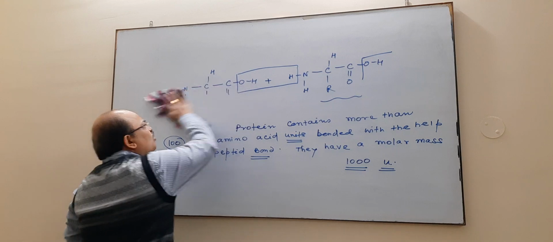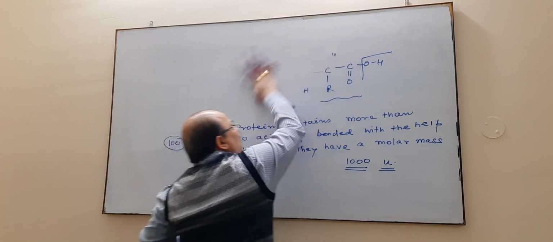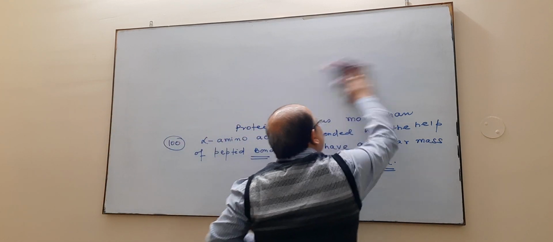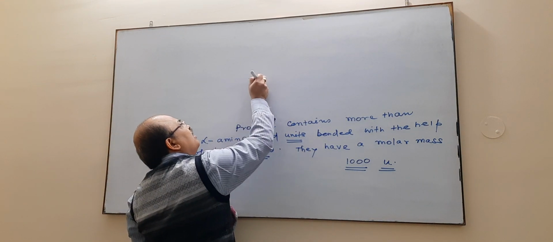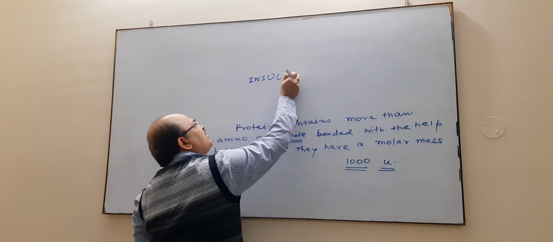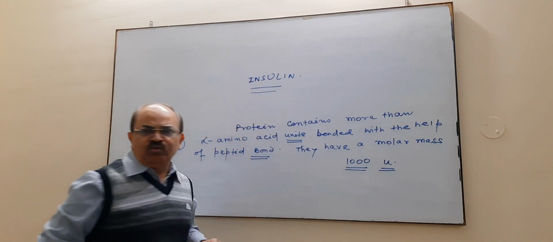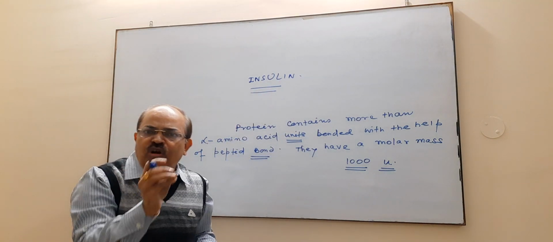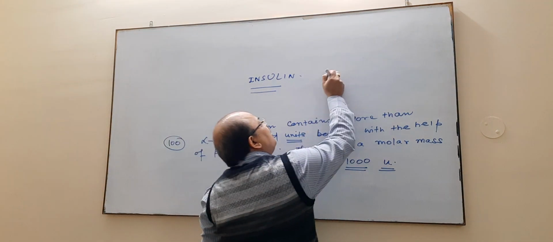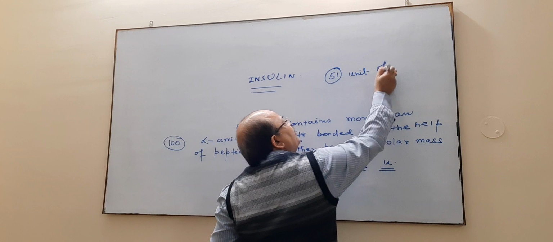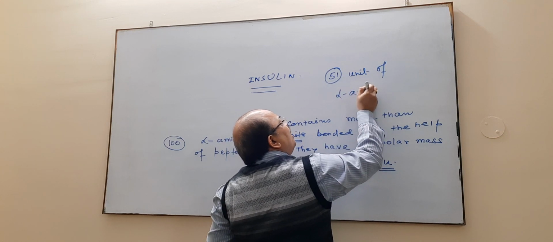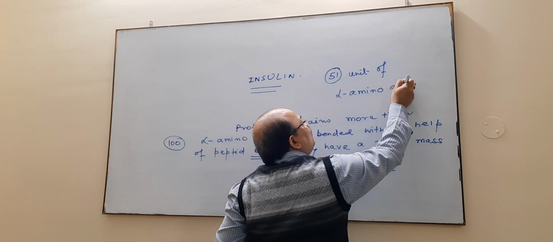But there is a very common protein, and that protein is known as your insulin. You must have heard the name of insulin. Insulin is a very common protein which contains 51 units of alpha amino acids.